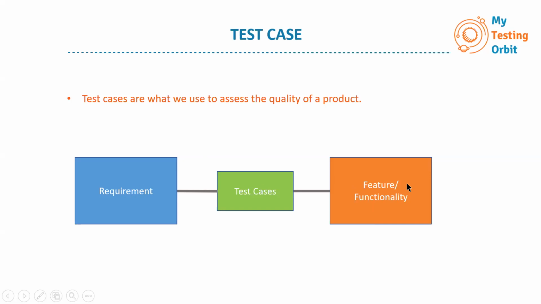That's what testing is: we make sure that the feature or functionality which is developed is based on the initial requirement. Test cases are something which actually links the functionality and the requirement. Test cases make sure that the feature or the functionality is built based on the initial requirement.